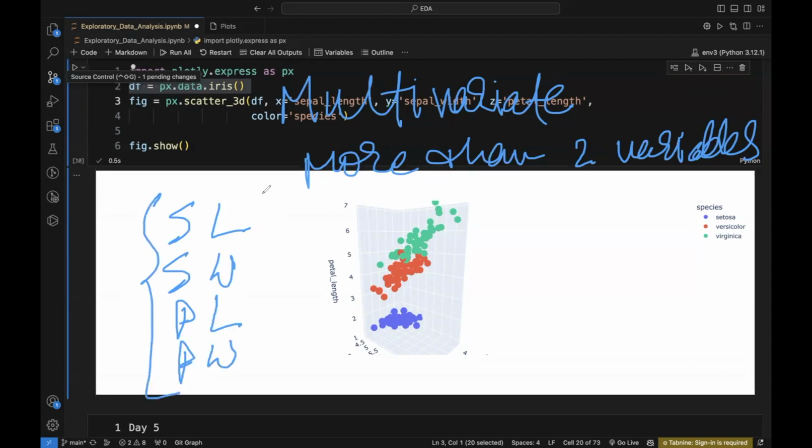So in the Iris flower data set, we are only using these 4 variables, right? What I'm trying to say is that all your machine learning is nothing but a glorified multivariate analysis, because in most machine learning cases, you will get to play with more than 2 variables.